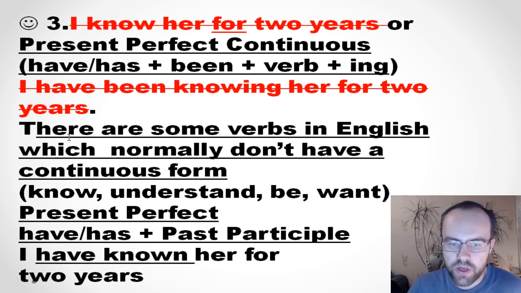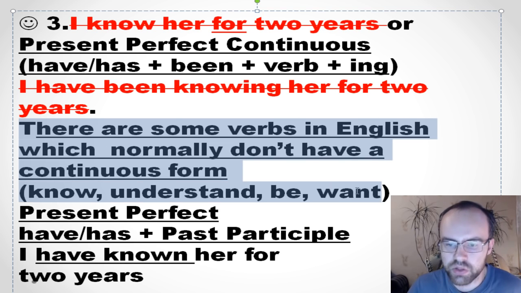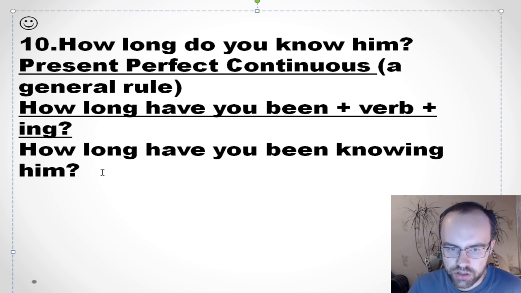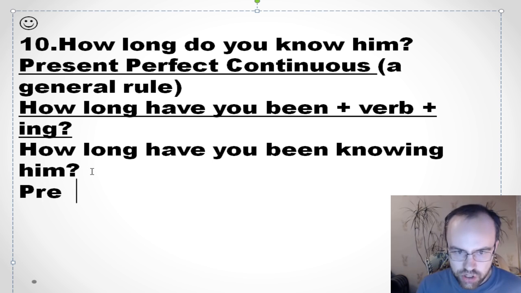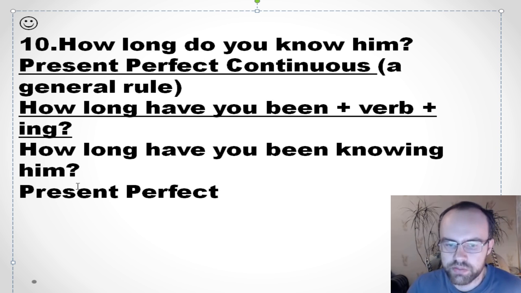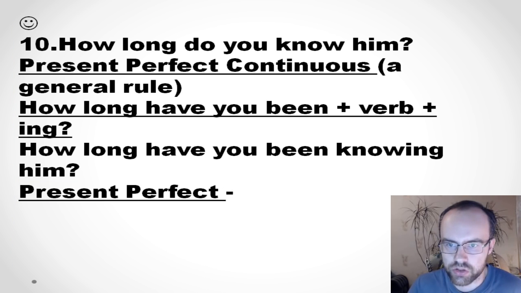There are some verbs in English which normally don't have a continuous form: know, understand, be, want. Know is one of these verbs. So in this situation you use present perfect. If you can't say it in present perfect continuous, you need to use present perfect. It's a very important rule.